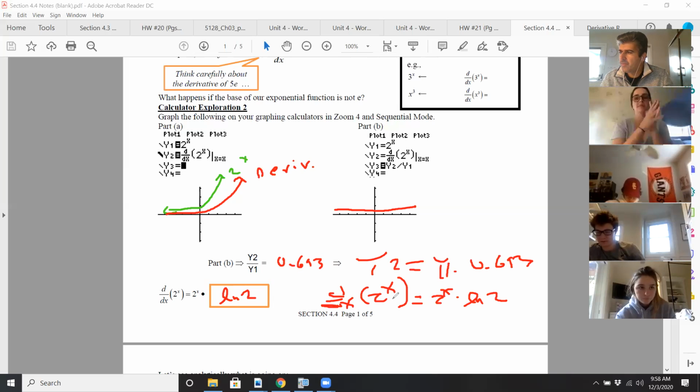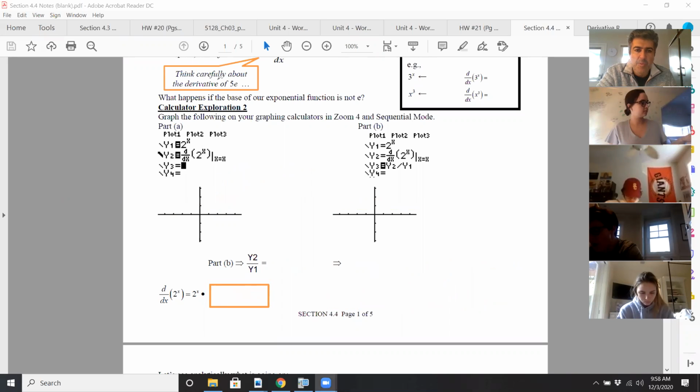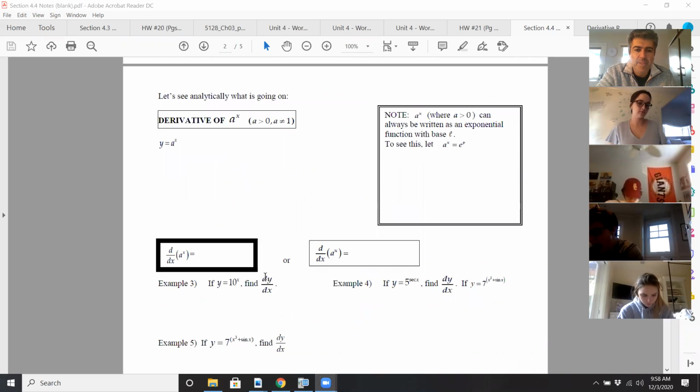Now we're going to do some problems. There is actually a formal proof of it. I don't know if I want to do that right now. Maybe I'll save that for next week. I just want to make sure you guys can do your homework. So let's skip this part for now.